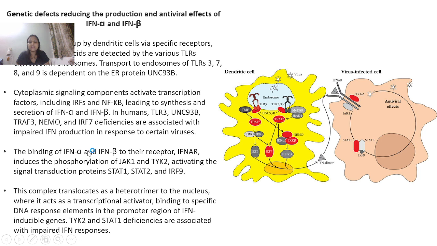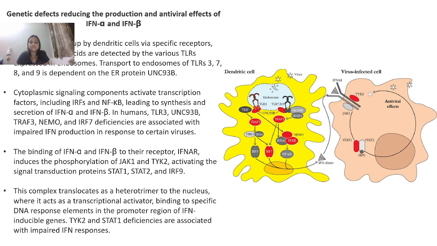Whenever there is production of IFN alpha and beta, they go and bind to the IFNAR receptors, as I already told, and there will be subsequent signaling. The JAK signaling will be activated, and it will lead to the production of different kinds of cytokines and other molecules, and also the transcription of different kinds of ISGs.